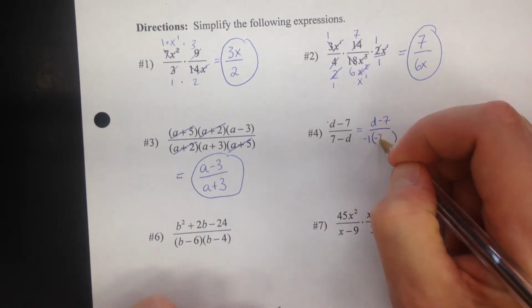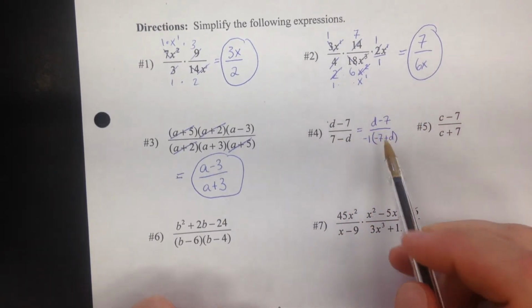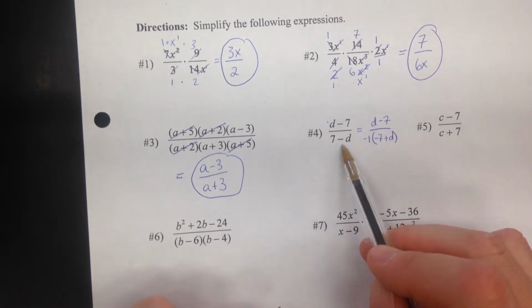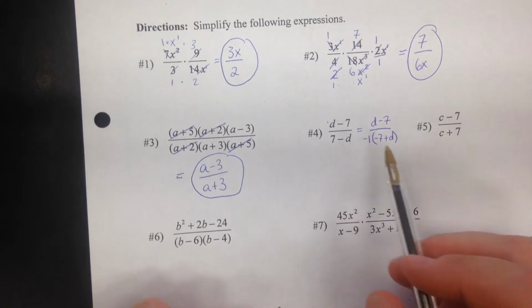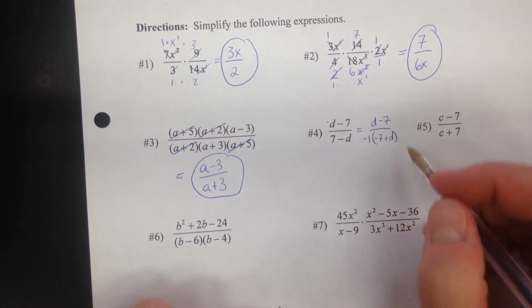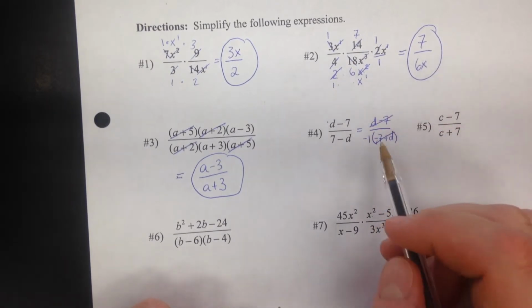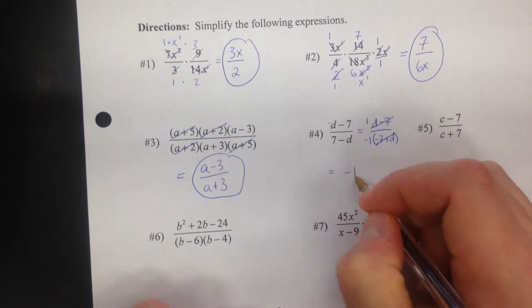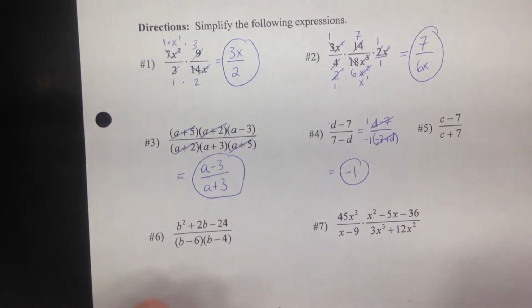If I write it like that, I could distribute, and there's my 7, and there's my minus d. Okay, so all I did was factor out a negative 1. Now, d minus 7 and negative 7 plus d, these are the same factors, so I can cross those out. But what does it leave me with? I have 1 over negative 1, so the answer is negative 1.